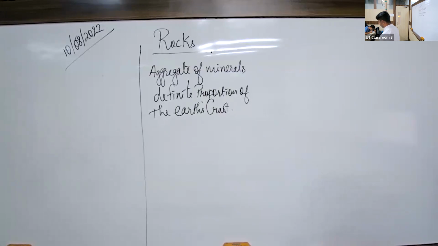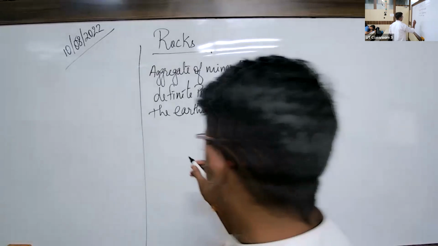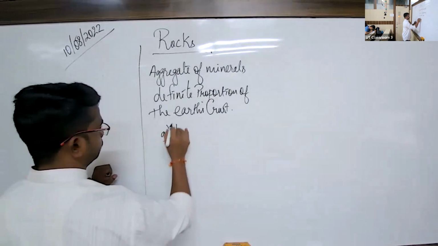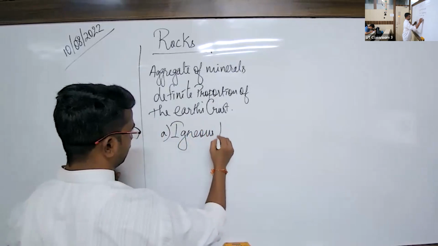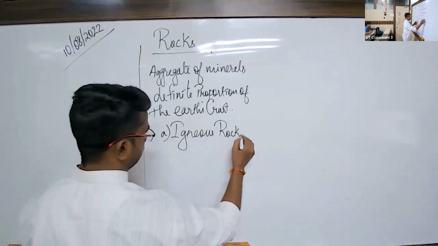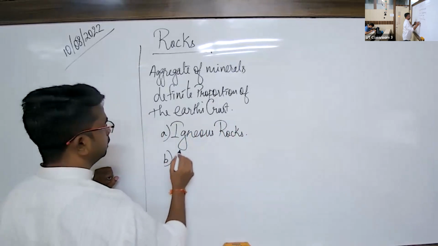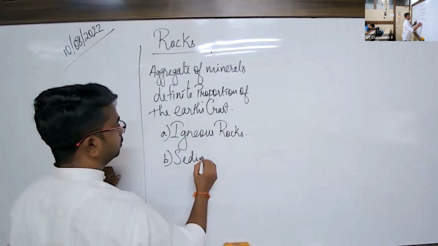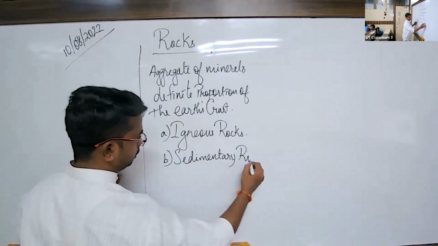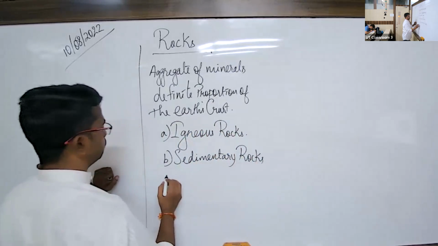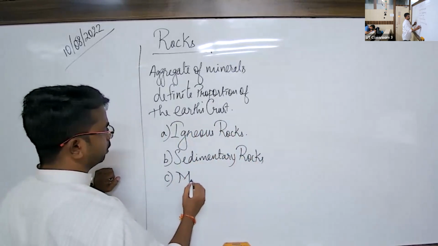Broadly, they are classified as A, igneous rocks, B, sedimentary rocks, C, metamorphic rocks. Carefully listen. C, metamorphic rocks.